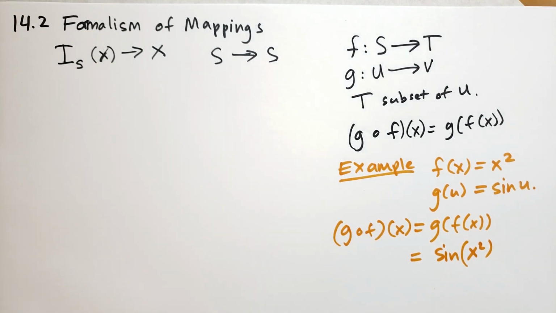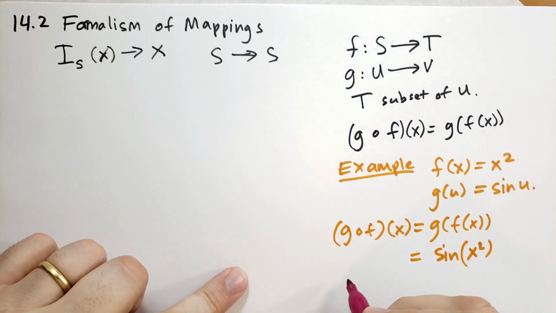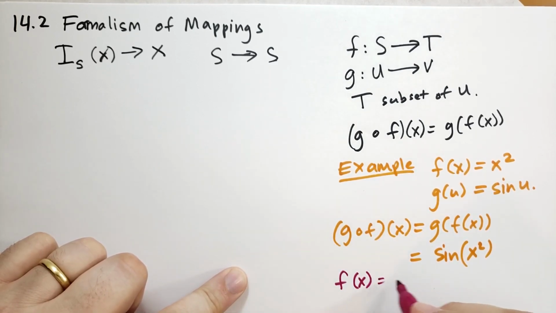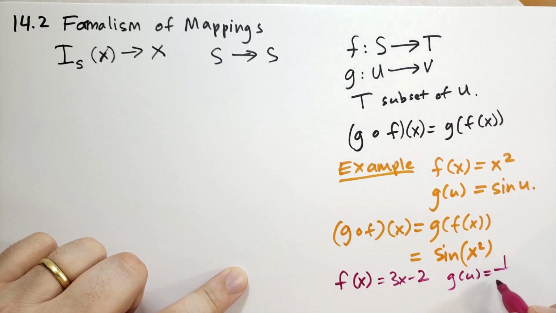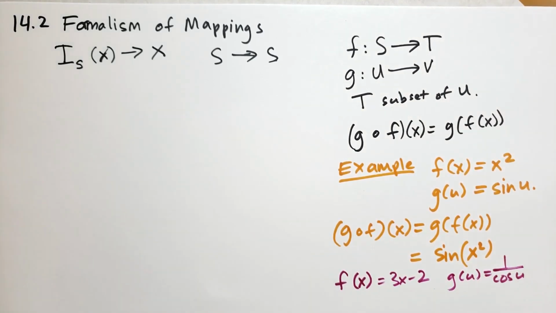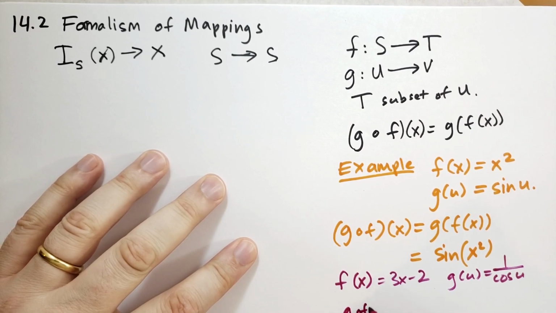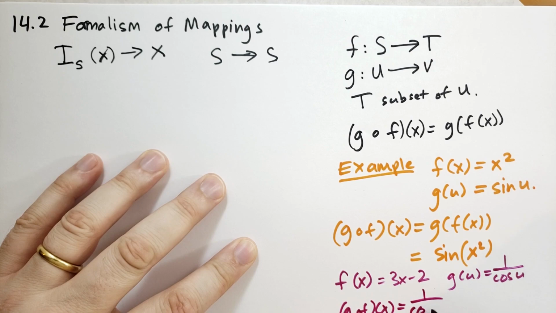Okay, another example, let F of X be 3x minus 2, okay, and G of U be 1 over cosine of U, or you might know that as a secant, okay. And so G of F is going to be 1 over cosine of 3x minus 2.